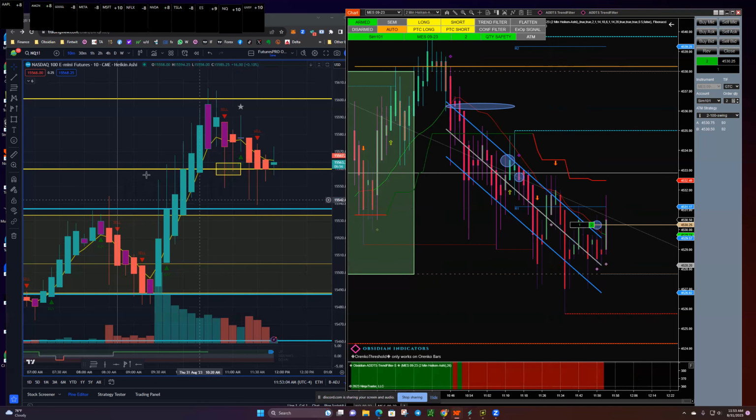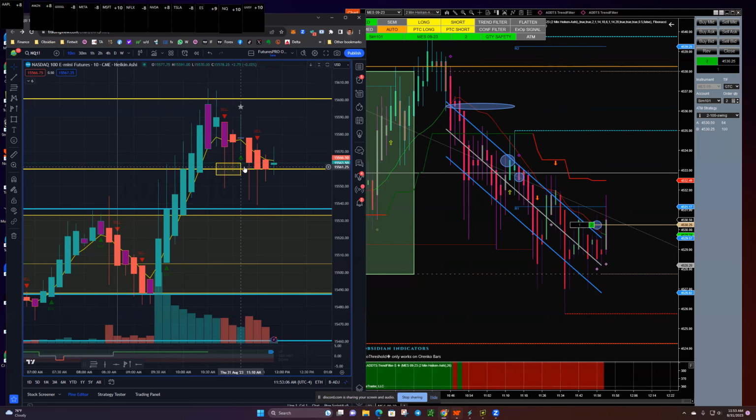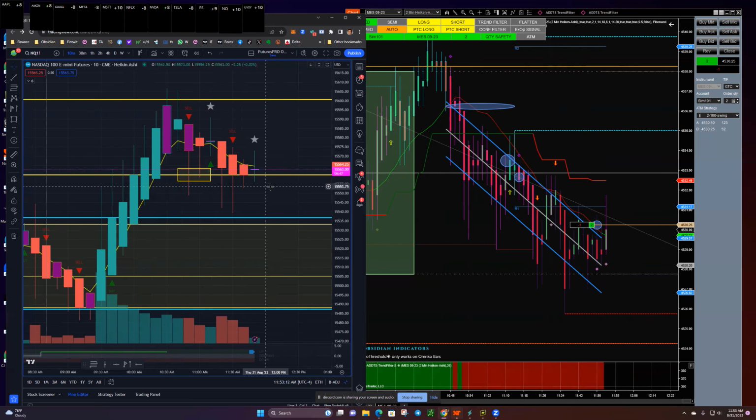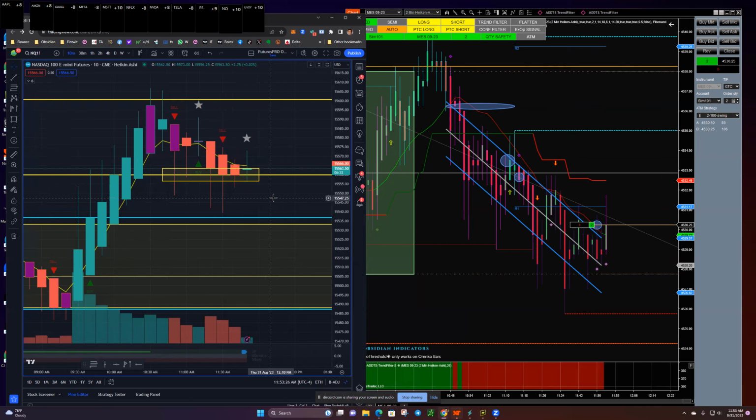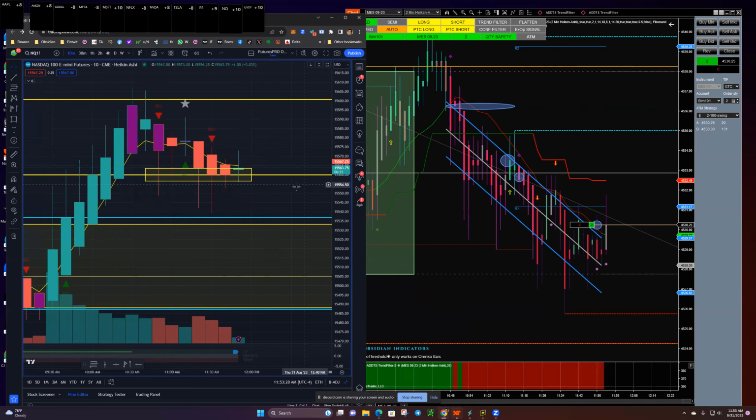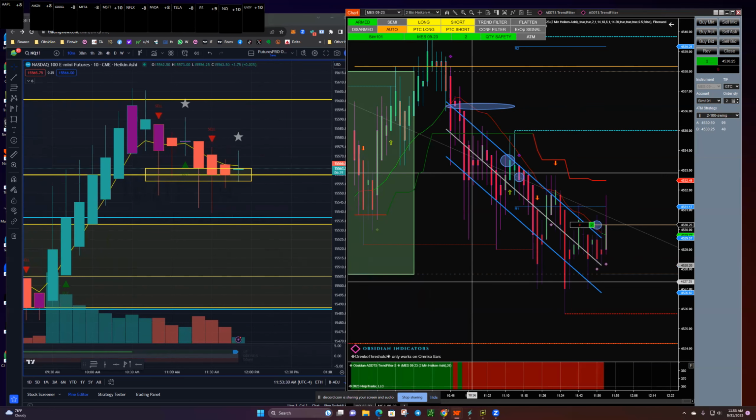On the NQ, typically if it wicks like this 3-4 times, usually it's a breakdown, but somehow we are surviving here. How many does it say? 1, 2, 3, 4, 5, 6. 6 wicks. And every time it tries to get below that Fibonacci, it's bouncing up. So this is solid.